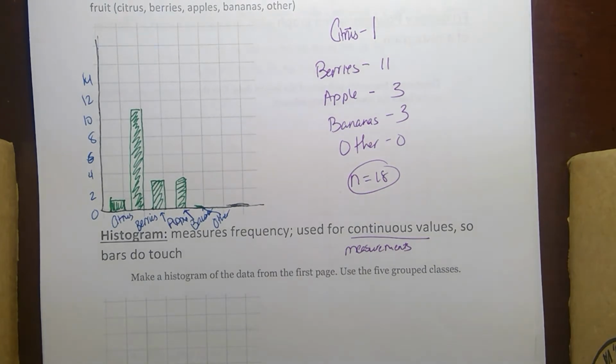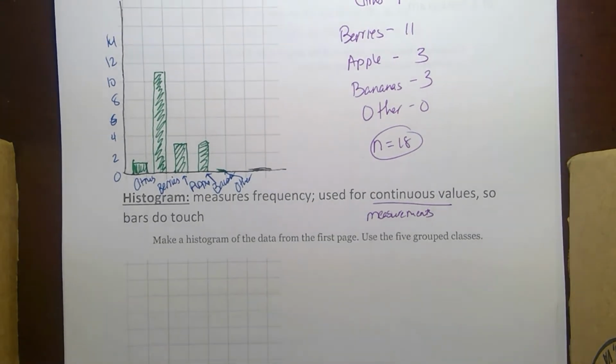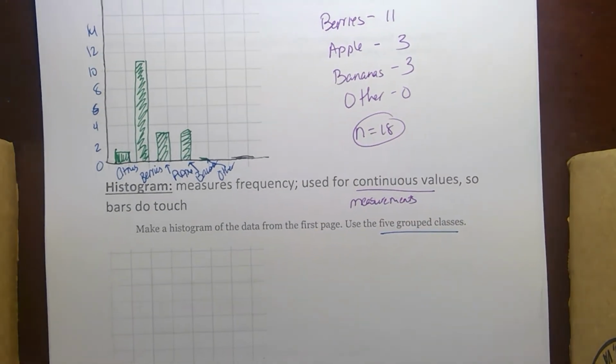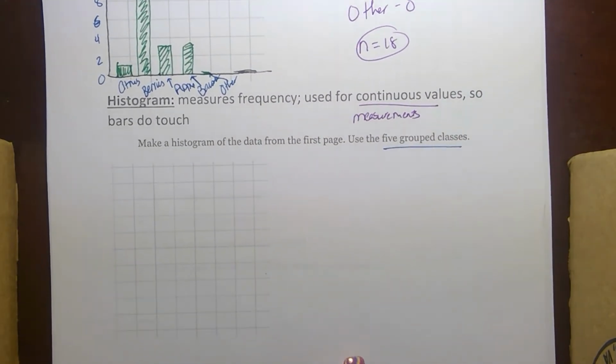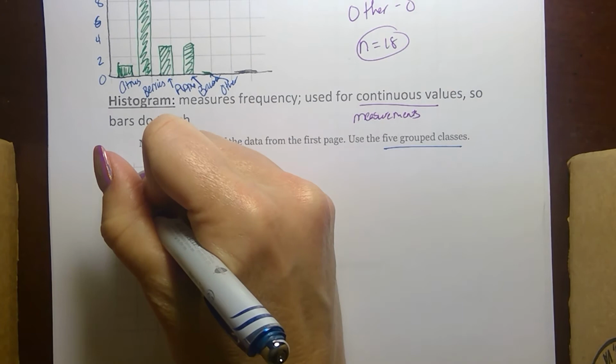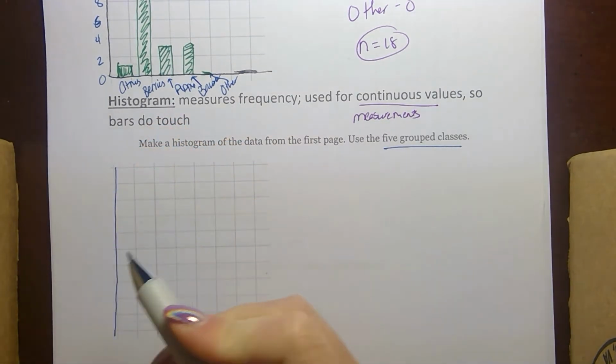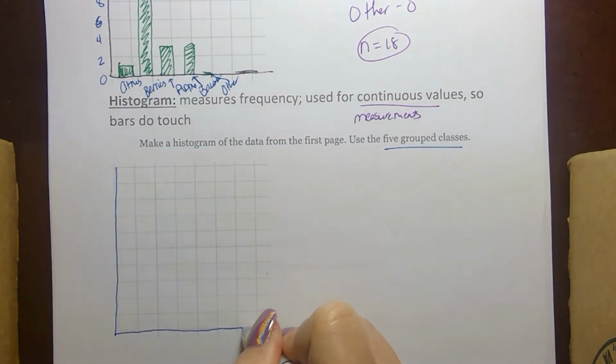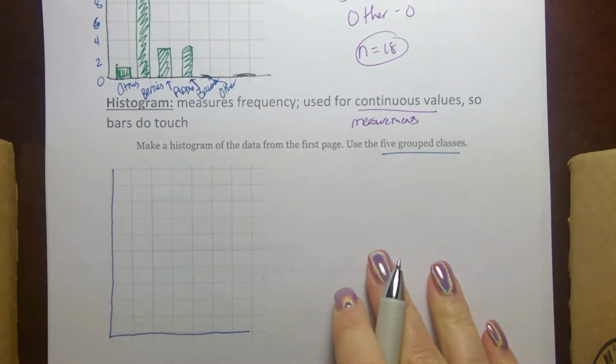Now, I'm going to do a histogram based on the frequencies that we did with the heights from that first data set. The histogram is going to use the 5 grouped classes. So you can look back at your classes on the last page to help you set up your histogram. Our bars are going to touch, so that makes my x-axis a little easier.